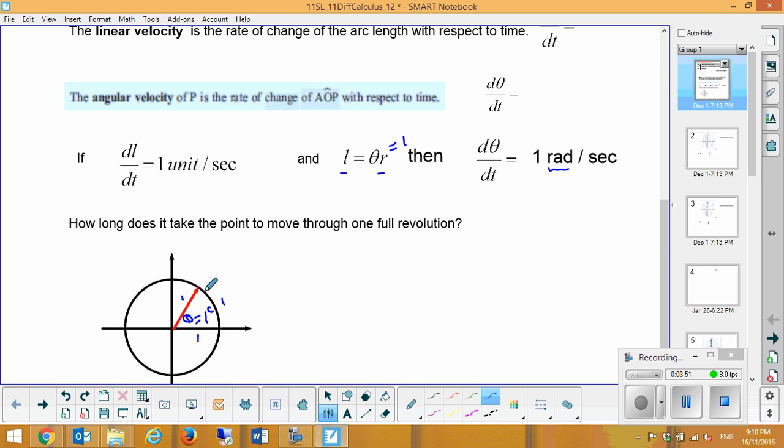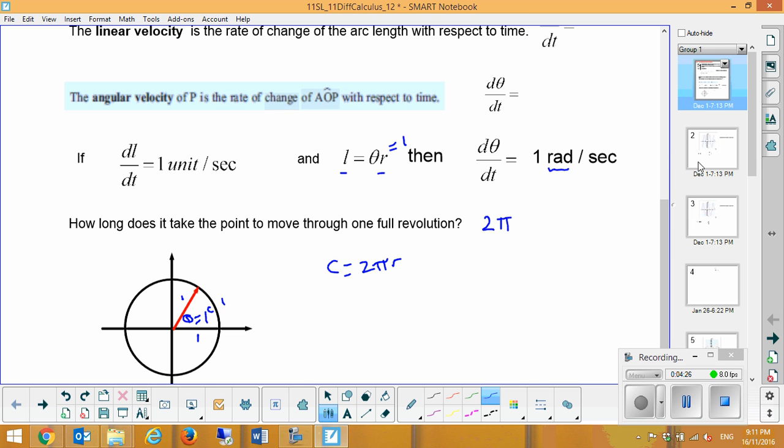So how long does it take to do a full revolution? Obviously 2 pi, because the circumference is 2 pi r, our radius is 1, and we're doing 1 radian per second, so it'll take 2 pi seconds to do the full revolution. Anyway, that's just starting to talk about velocity and the point moving.